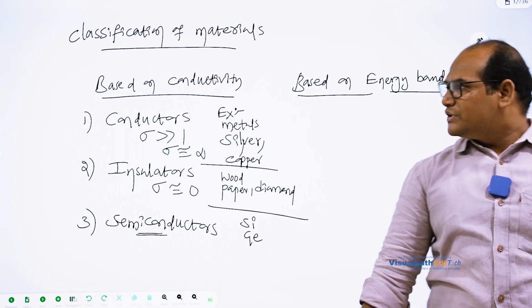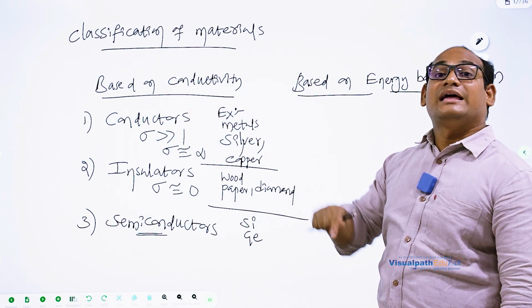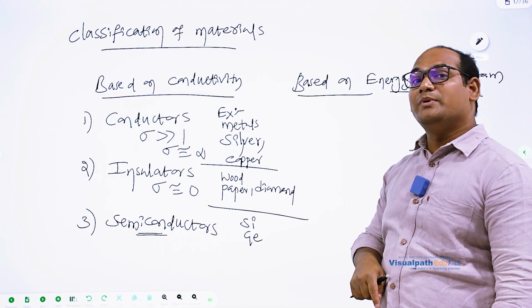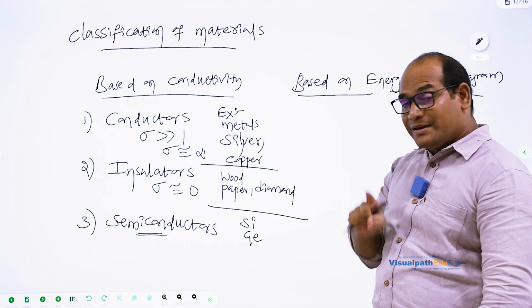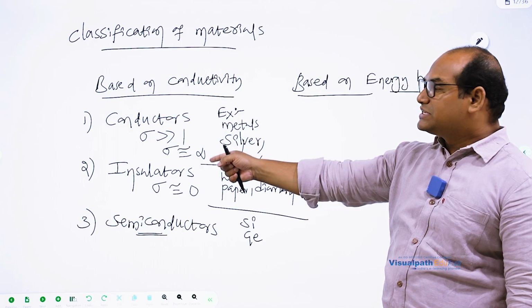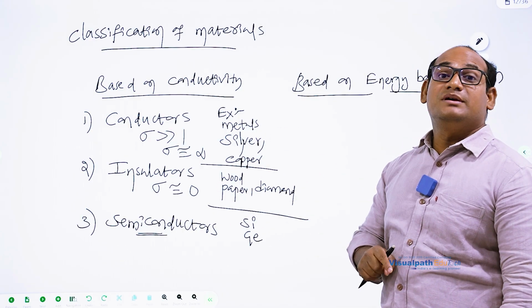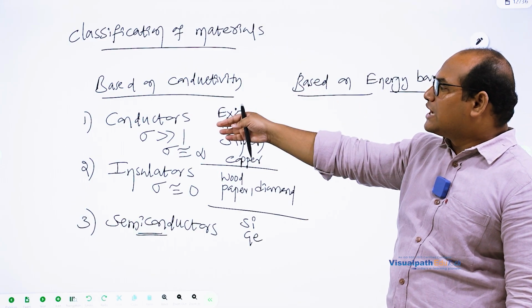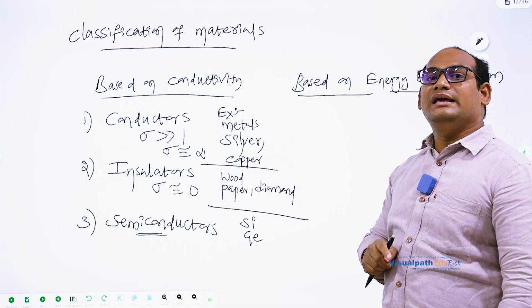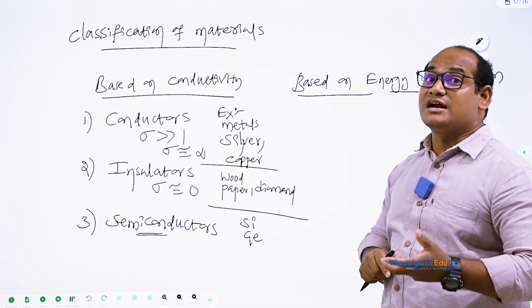So even though large amount of conductivity is there, it is not coming under the electronic device. We cannot make the electronic device using the conductors. We cannot make electronic devices using the insulators, but we can make electronic devices using the semiconductors. If you have high amount of conductivity or very low amount of conductivity, the fabrication or the manufacturing of the electronic devices is not possible.